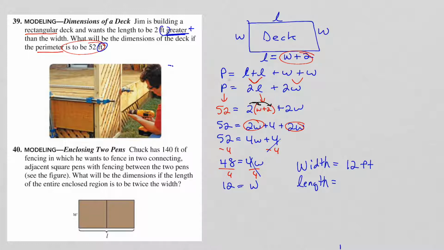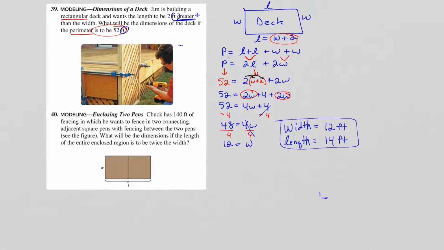And the length is going to be, remember that it's 2 feet greater than the width. So if the width is 10, then the length is 12. In this case, it's 12, so this has to be 2 greater than this, which will be 14. Okay.